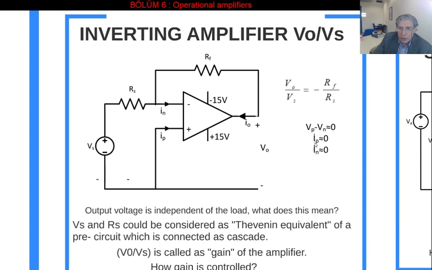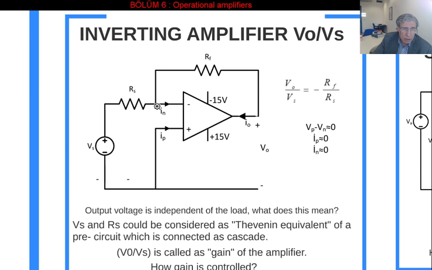Since the definition of the ideal operational amplifier is that the input current IN is equal to 0, we are writing the Kirchhoff current law equation for this node now. This current is 0. I wrote this current as Vs over Rs. And let's come to this element current. One node voltage for RF is V0. Another node voltage is 0.